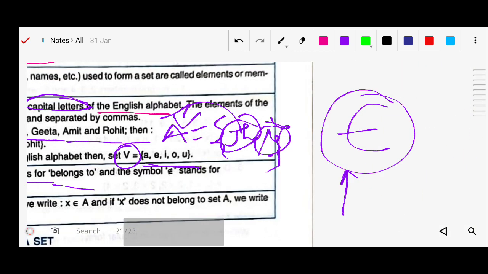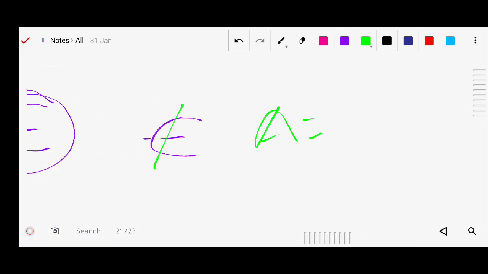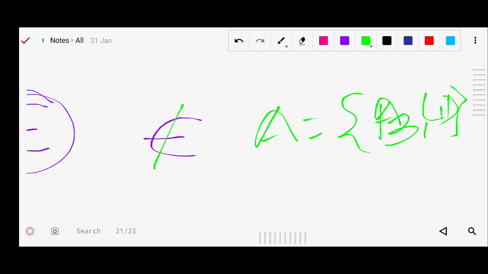Suppose, very simply, set A has elements A, B, C, D. If I say A belongs to set A, then A is there in this set.